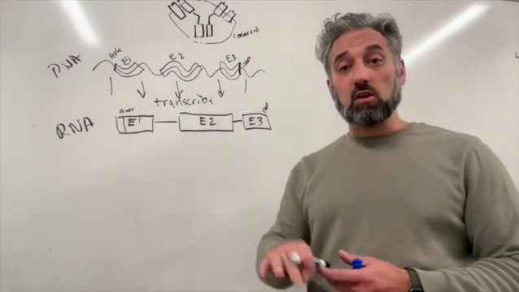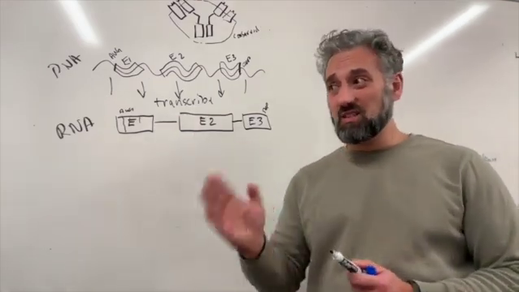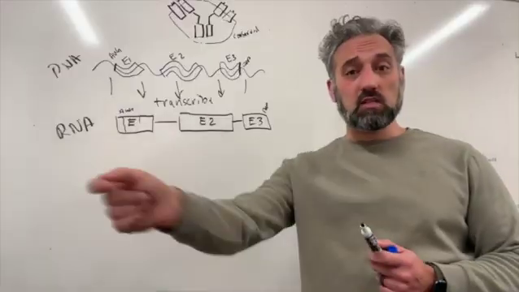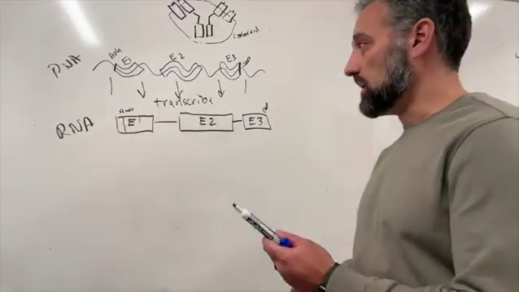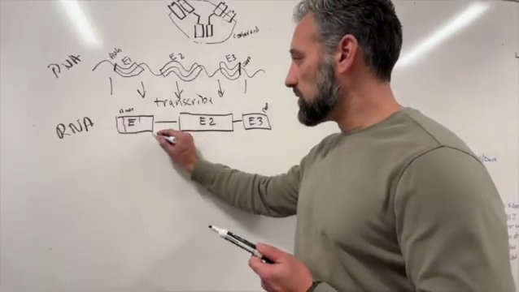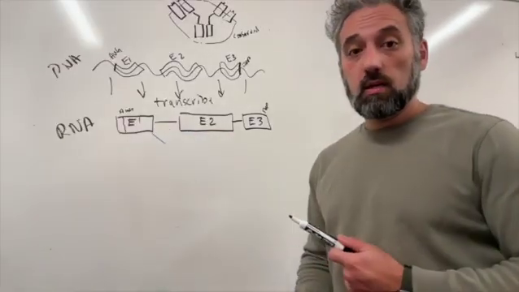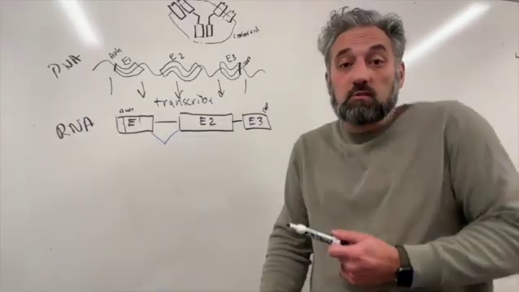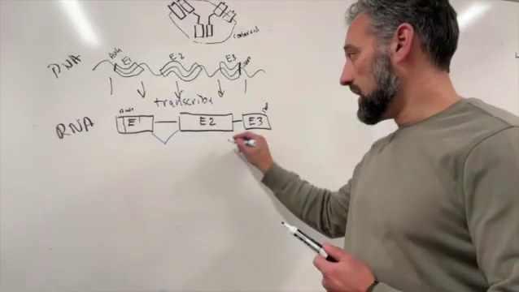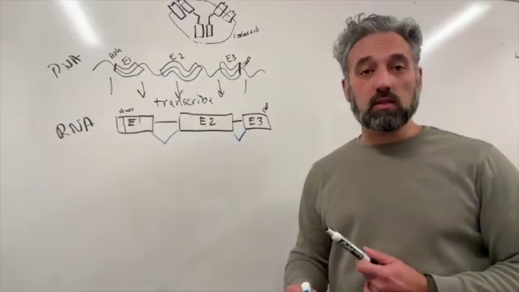If you have a splice donor, then that's your signal to cut out the intron that's in between here. So we will have some sort of signal that says splice, and then some sort of signal that says you're done splicing.